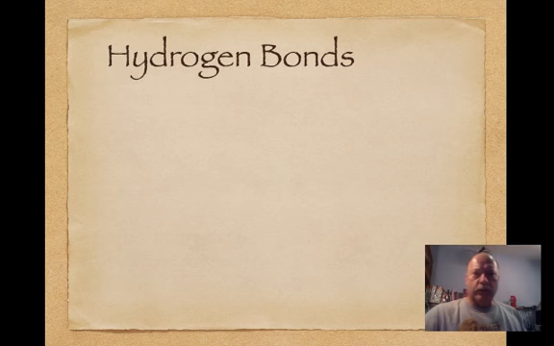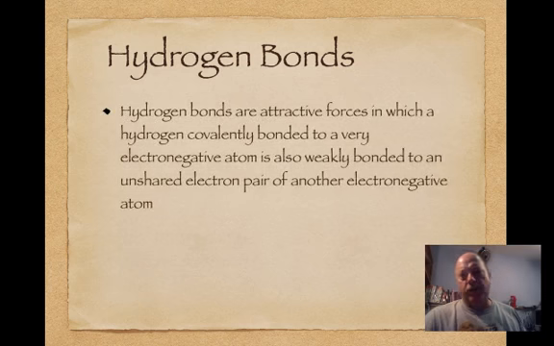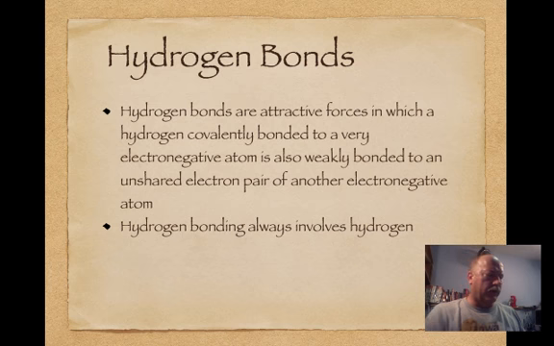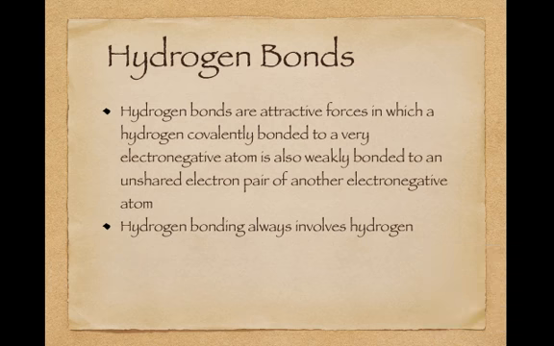All right, the third one is known as hydrogen bond, and this is the most powerful of the three. In order for this to happen, you have to have a highly electronegative atom bonded to hydrogen. A good example of that is water, because water has hydrogen, and oxygen is electronegative.